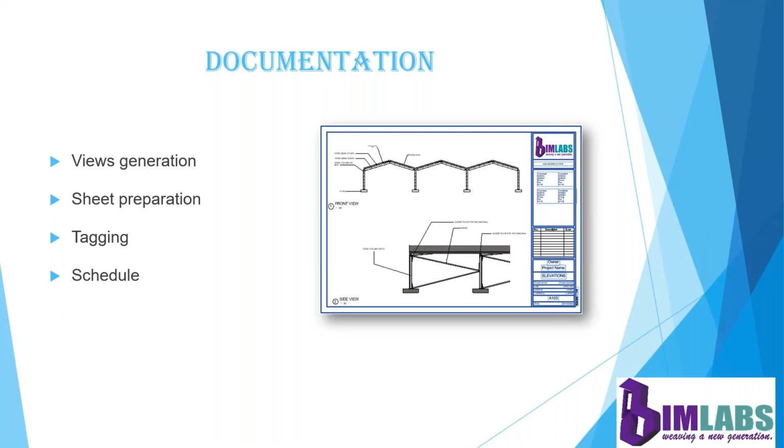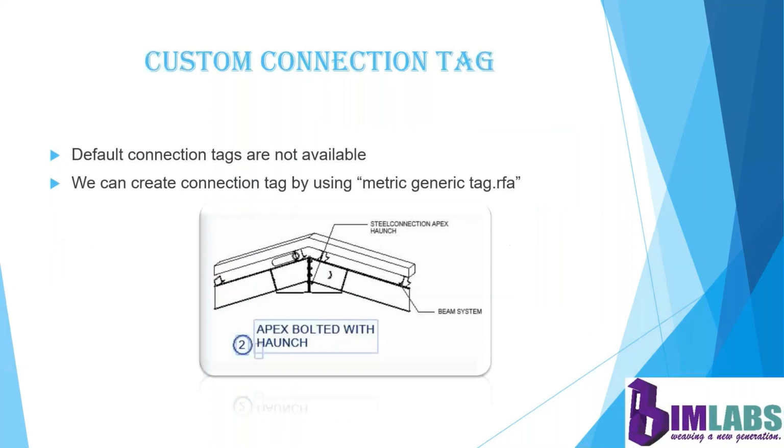Then comes the documentation. If everyone is familiar with Revit Architecture, then you can easily understand this. This is a custom connection tag. You can create a custom connection tag also.